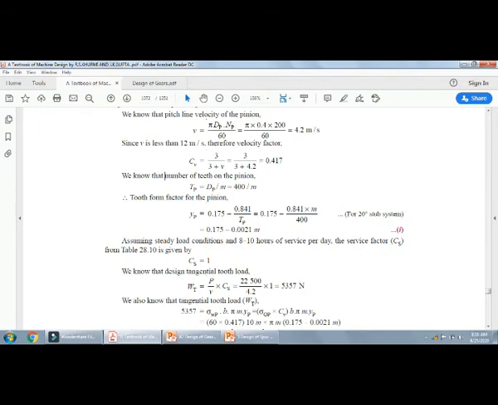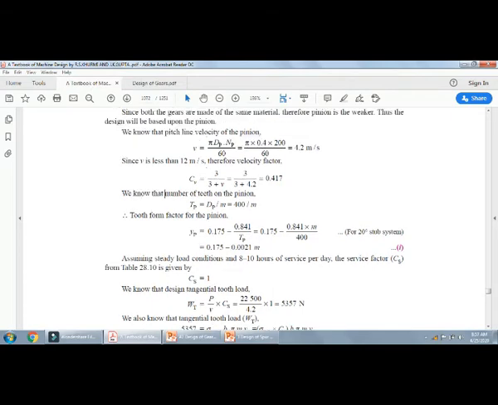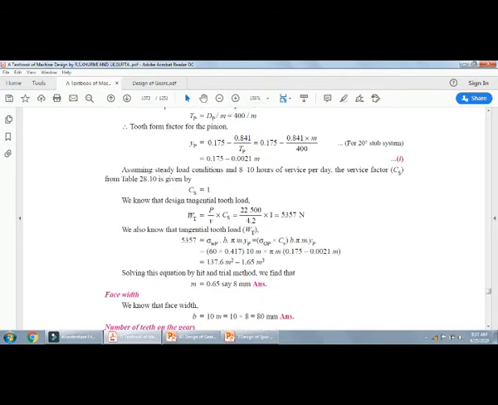Here we have calculated Yp, Tp. So then d into pi into m into Yp. We will put the values here, then we can calculate the m.